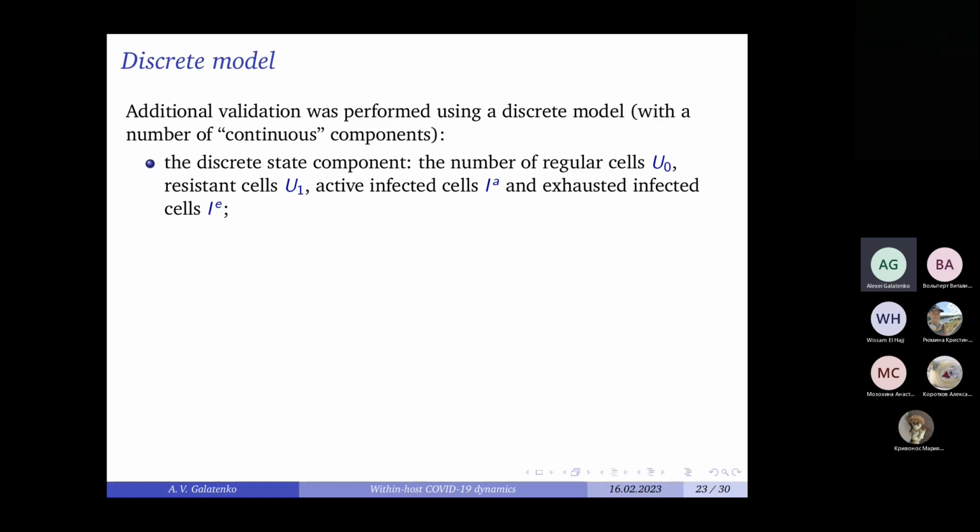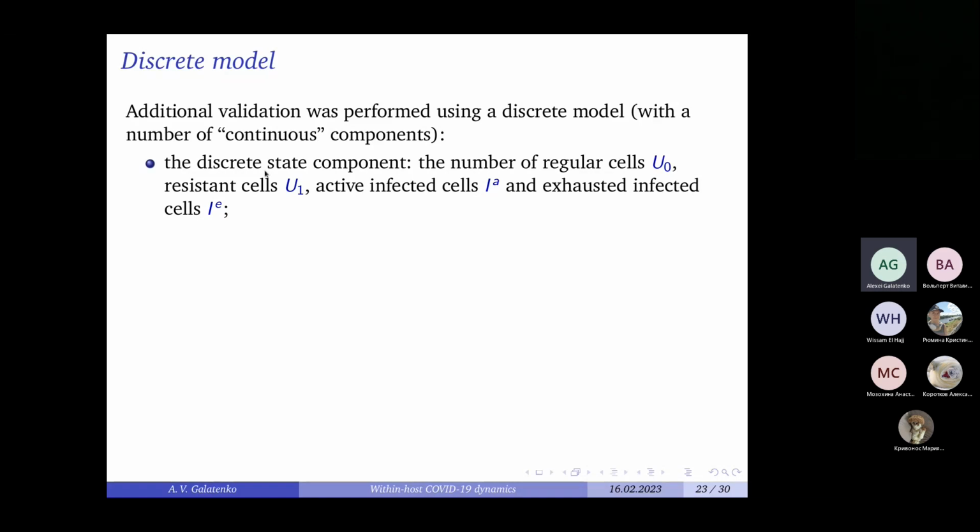The first one is to perform model validation, to compare the results of a differential model and a discrete model. And the second goal is to create a model which is very intuitive, which is sort of obviously correct from biological point of view.